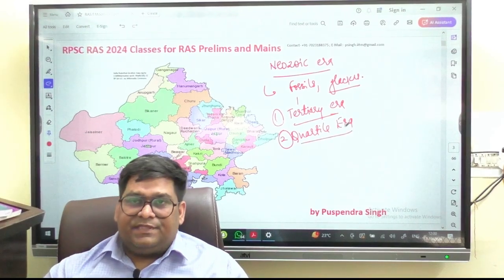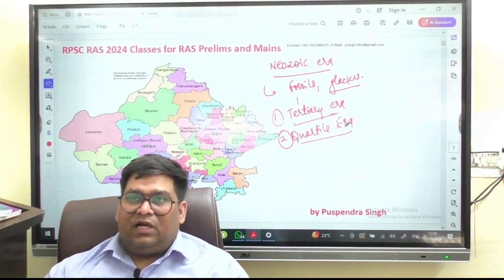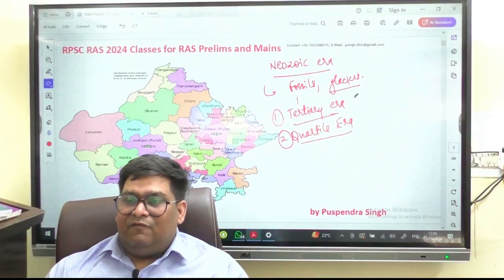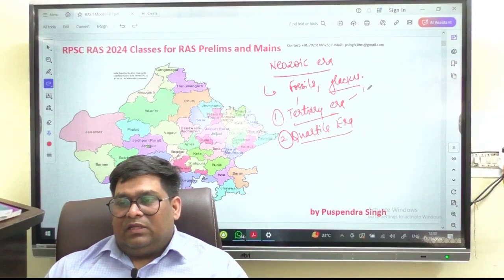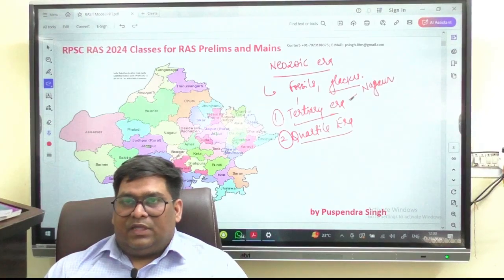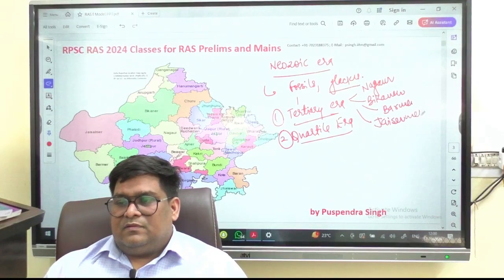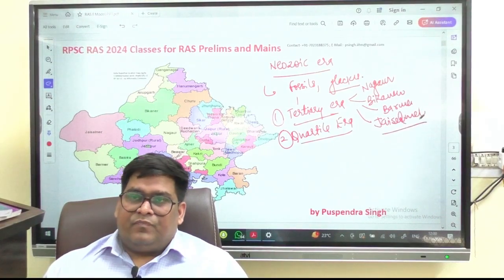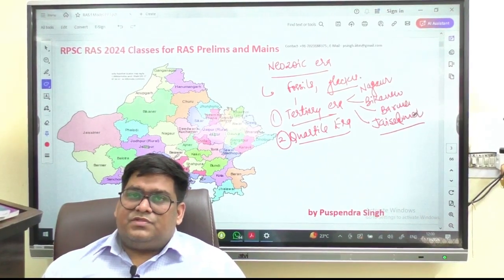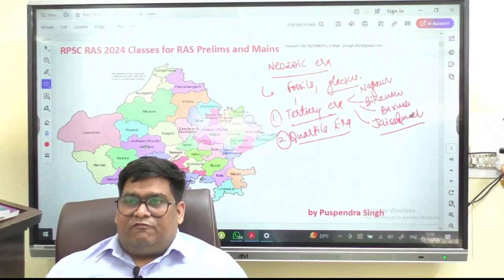One by one we will see. In the Tertiary era, the rock clusters are mainly found near Nagaur, Bikaner, Barmer and Jaisalmer districts of Rajasthan.